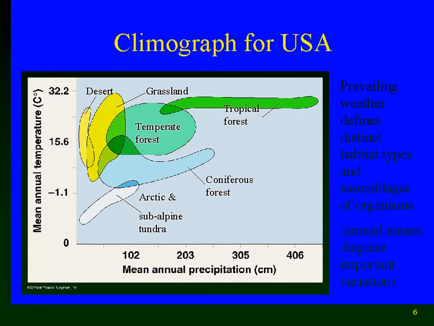When we look at the climagraphs for the US, if we just look at average precipitation and average temperature, this is sort of like the figure we saw before. We've got the temperature going up the y-axis and the precipitation going across the x-axis, which is a little different than what we had seen before.